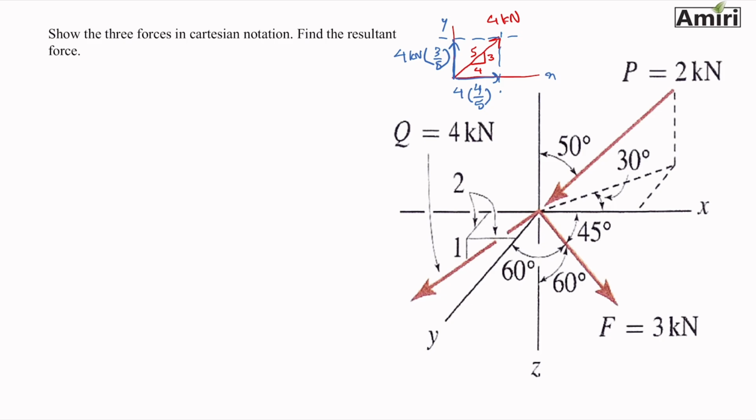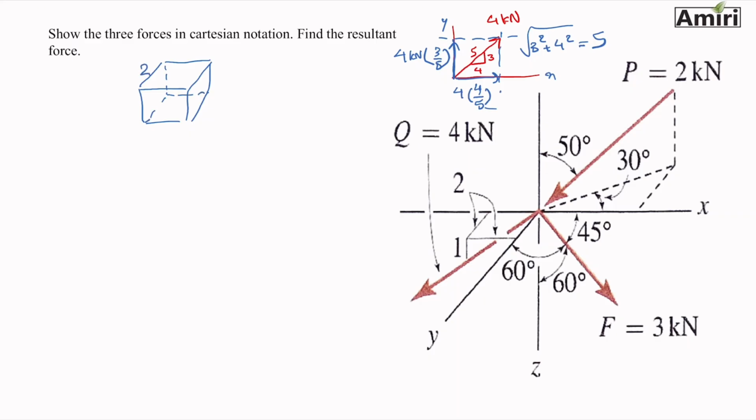The difference is this 5 here was 3 squared plus 4 squared. That was 5. In this one, we have 3 sides. Right?